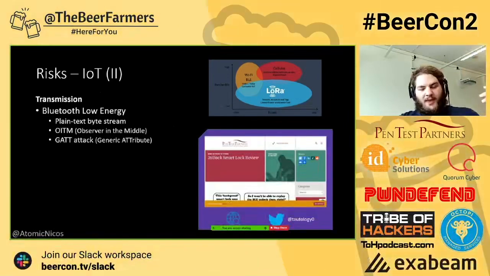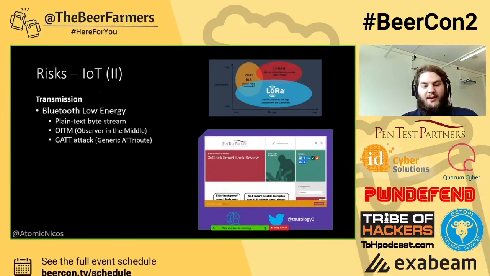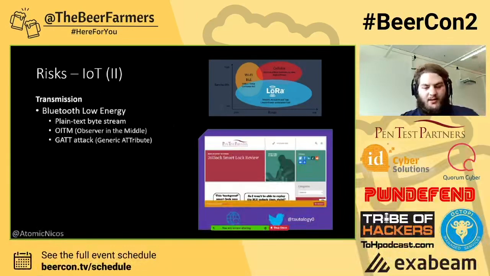Tautology Zero, so fellow happy hour card holder and Buckfast enthusiast, actually did an entire tweet thread that was taken and posted on the Pentest Partners website about hacking a Bluetooth Low Energy smart lock. An interesting read.